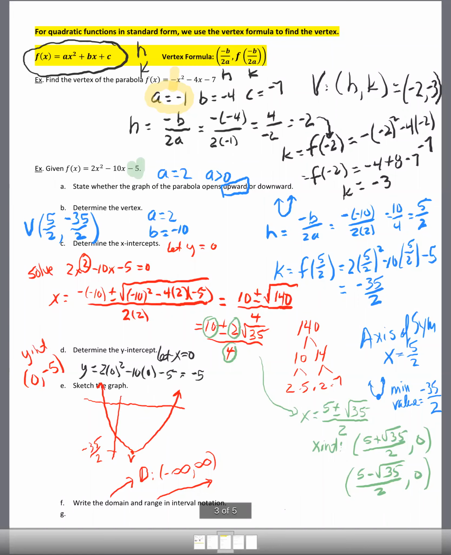And now you can see that the range here has a low point of -35/2. We'll use a square bracket to hold it, and the arrows are implying that the graph keeps growing to infinity. And so that would be your range.